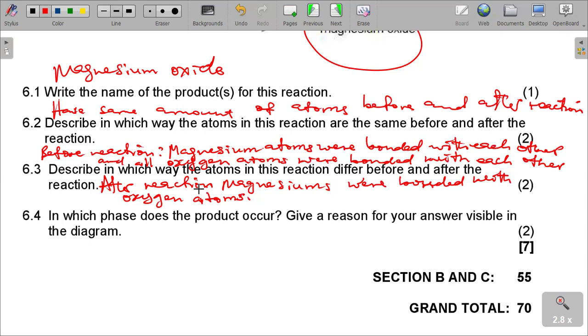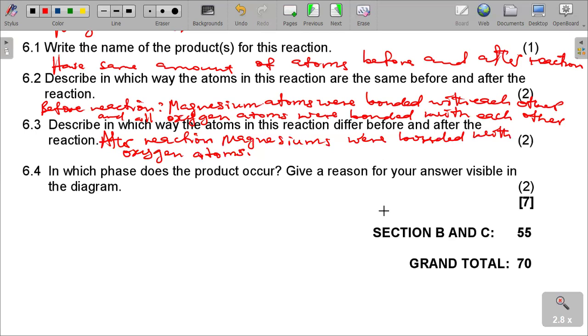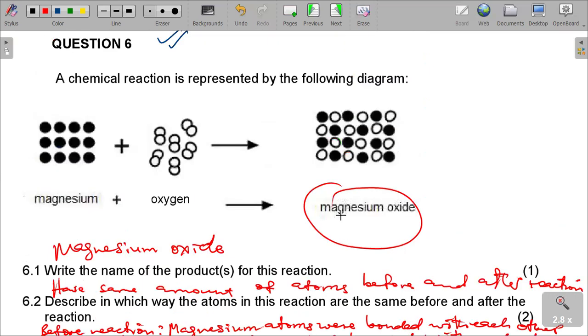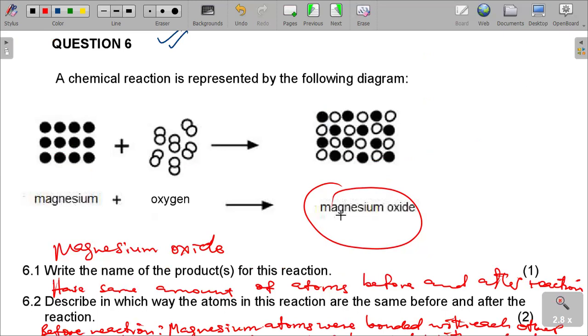And then finally: in which phase does the product occur? Give a reason for your answer visible in the diagram. It occurs in the solid phase because the particles are very close together. You can see that the particles are very close together.